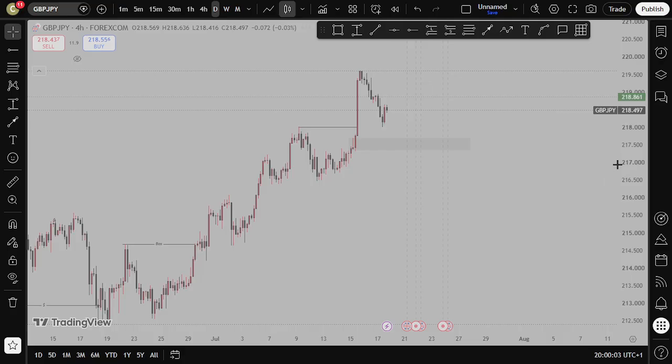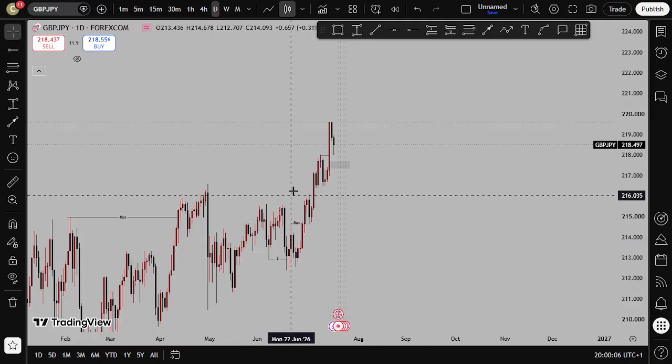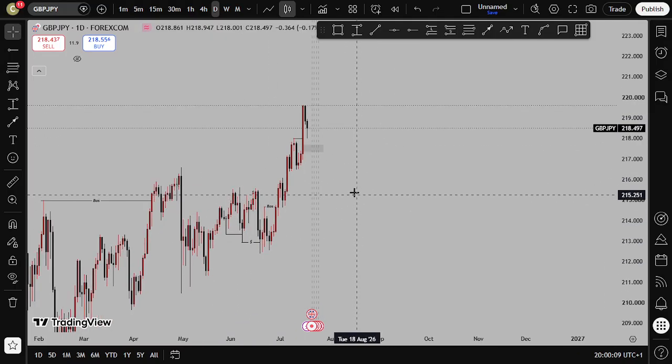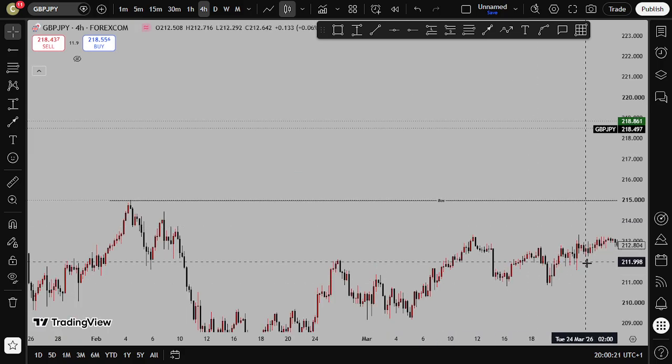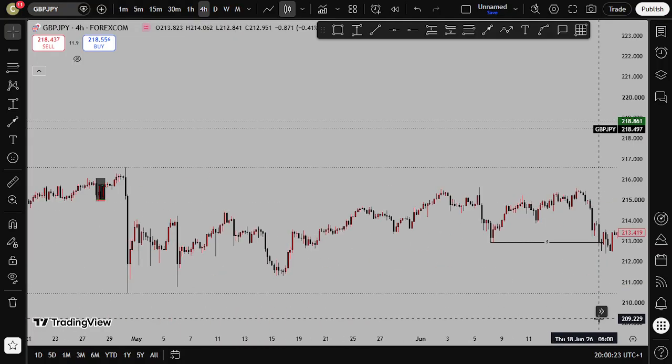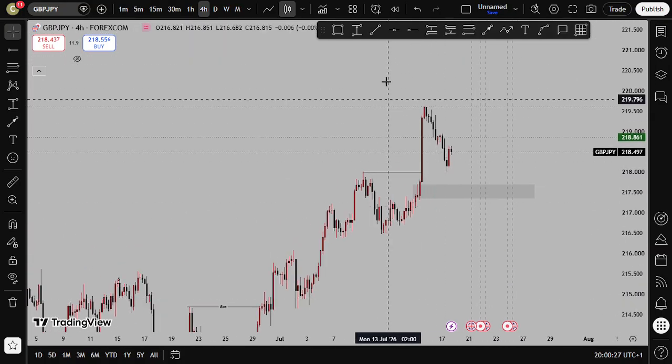On GBPJPY, notice we have been bullish on the daily time frame, so we get our structure on the 4 hour and key zone. So I'm waiting for here.